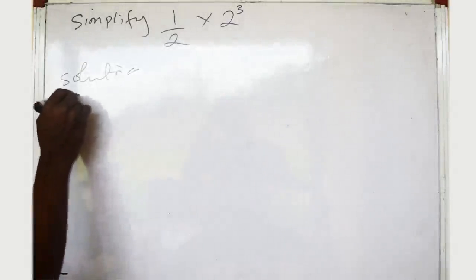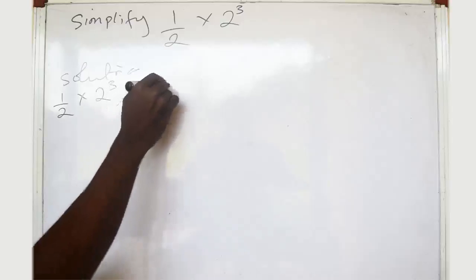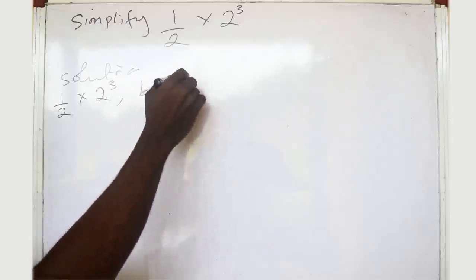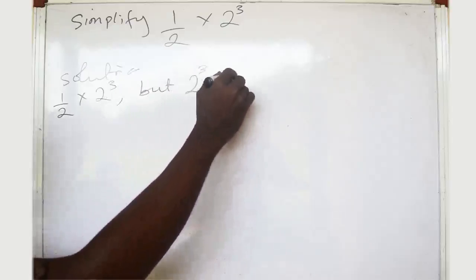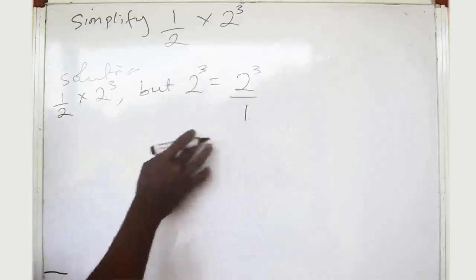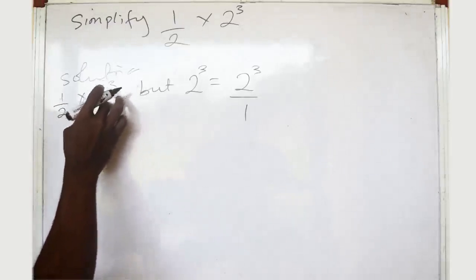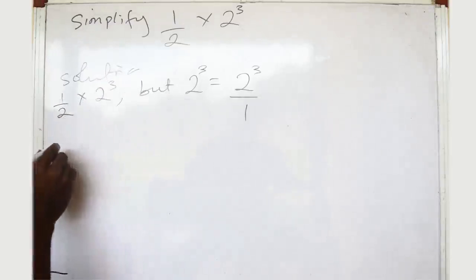This 1 over 2 multiplied by 2 raised to the power 3. You and I know that 2 raised to the power 3 is the same as saying 2 raised to the power 3 divided by 1. I have to do it this way because this guy is already a fraction, so I'm trying to make this 2 raised to the power 3 look like a fraction.